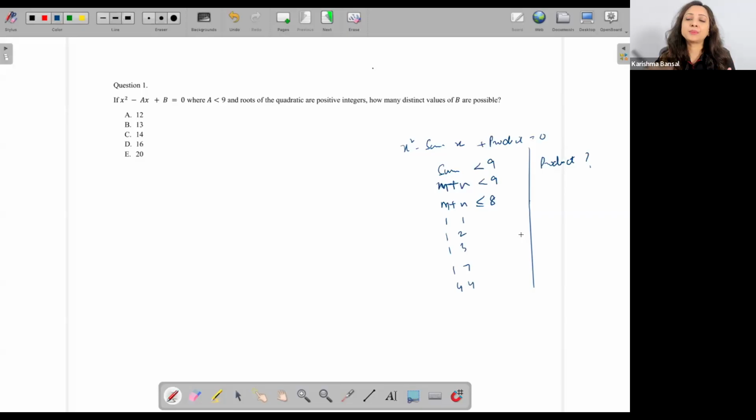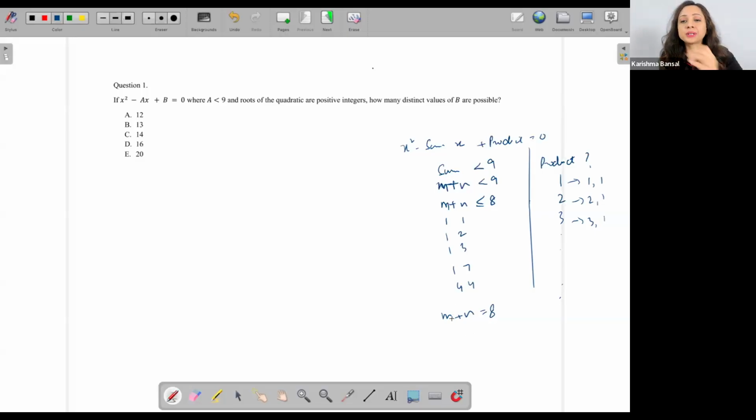Let's do it the other way around. Since I need the number of distinct possible products, I ask how many products are possible. My product can be 1 or 2 or 3, etc. If the roots are 1 and 1, or 2 and 1, or 3 and 1, etc. What is the maximum possible value of the product? The maximum possible sum of M and N is 8.